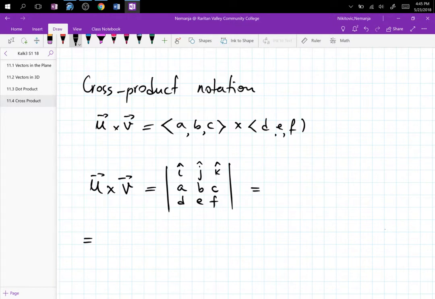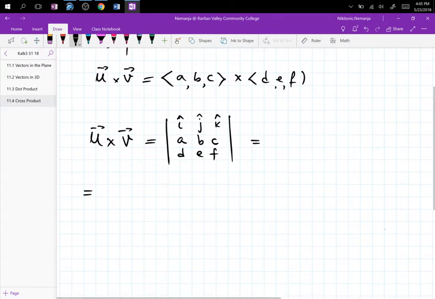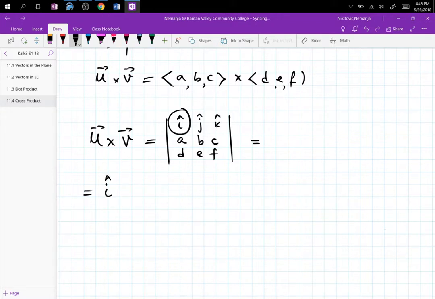A 3 by 3 matrix needs to be broken into three 2 by 2 matrices, and the determinants of 2 by 2 matrices follow a very simple formula. The way you come up with those first three is you start with I, so you will write I, and then delete that row and column, and you are left with the determinant of BC, EF.